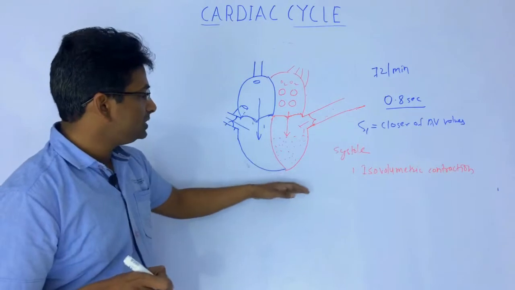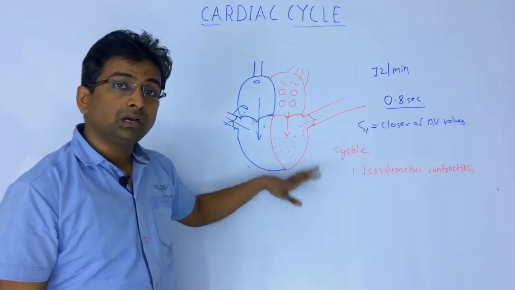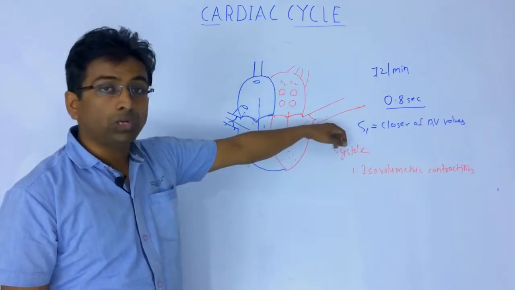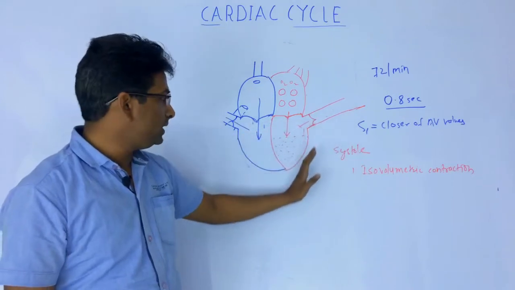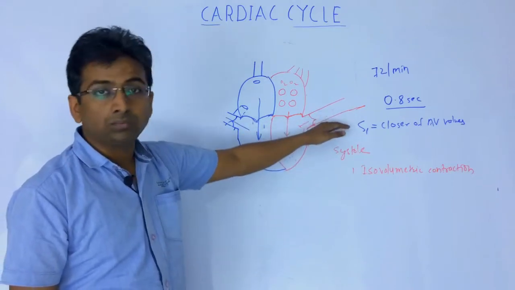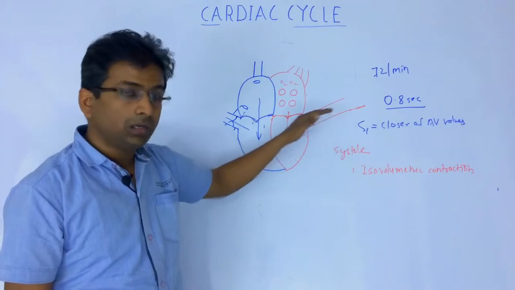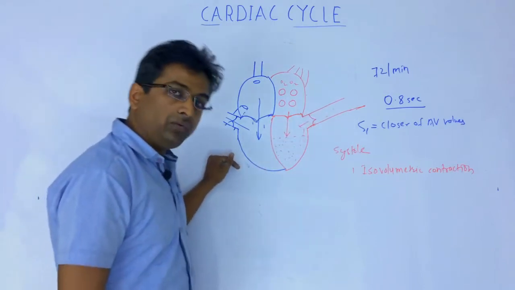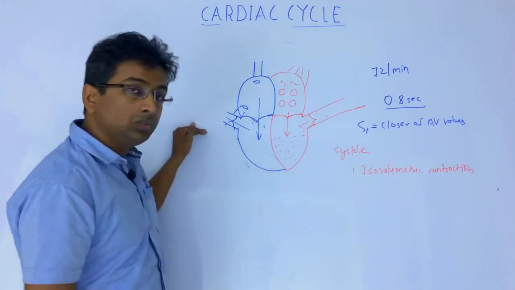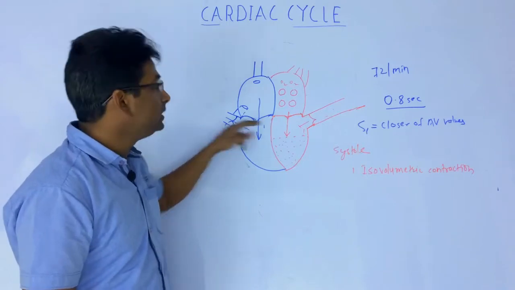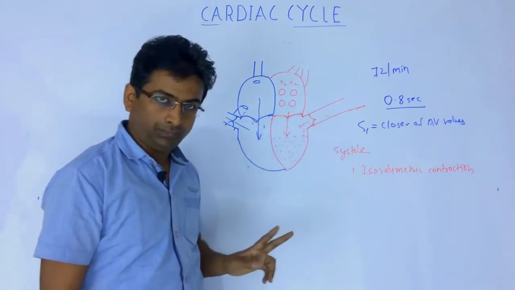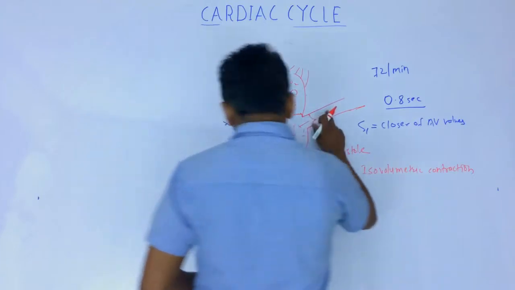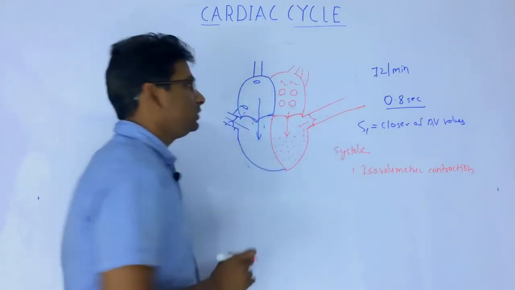Once the pressure inside the left ventricle rises above the pressure inside the aorta, and the pressure inside the right ventricle rises above the pressure inside the pulmonary artery, the semilunar valve will open. So the aorta is empty, the aorta is not having any blood.